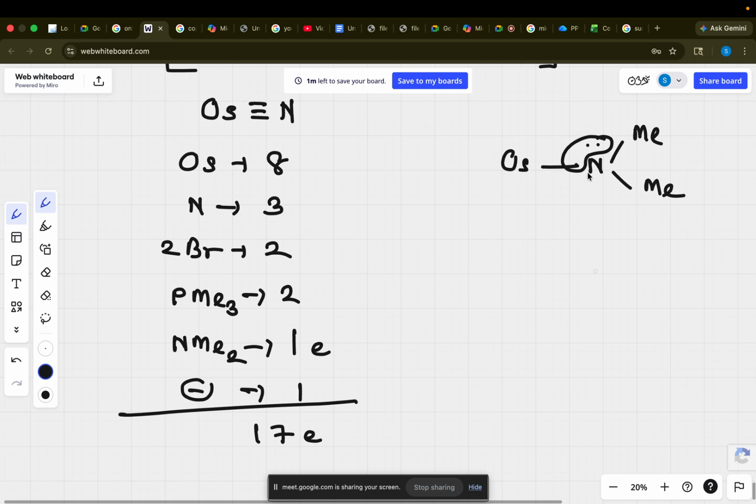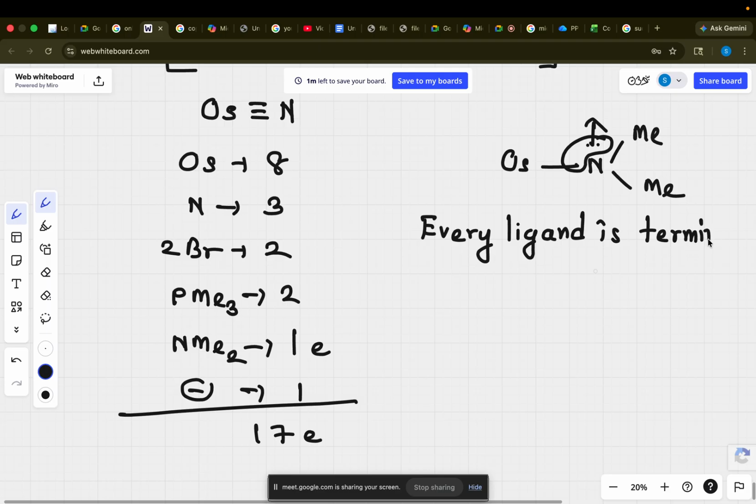And why is it not donating the lone pair here? Because you have only one metal center. Keep in mind, every ligand will act as a terminal ligand. You can ask me, sir, why is it not donating the lone pair? Keep in mind one line: every ligand is terminal.